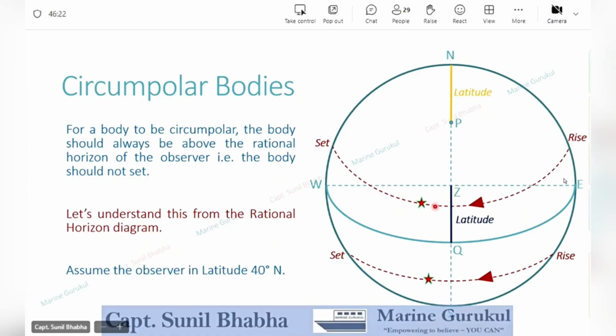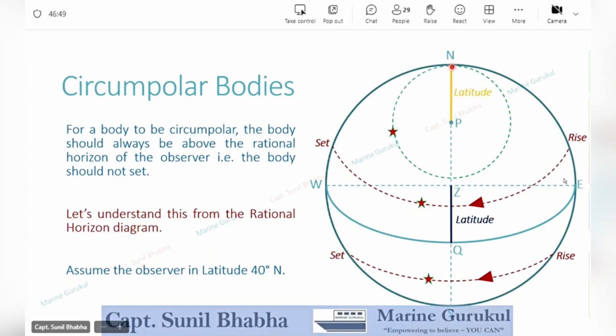Let's try to increase the declination a little bit now. Let's assume a third body, this particular star now. This is also having a northerly declination, but the declination is more than what we had in the previous case. Let's try to draw the declination circle of this particular star. Now declination circle will pass from the body and it will be parallel to the equinoctial.